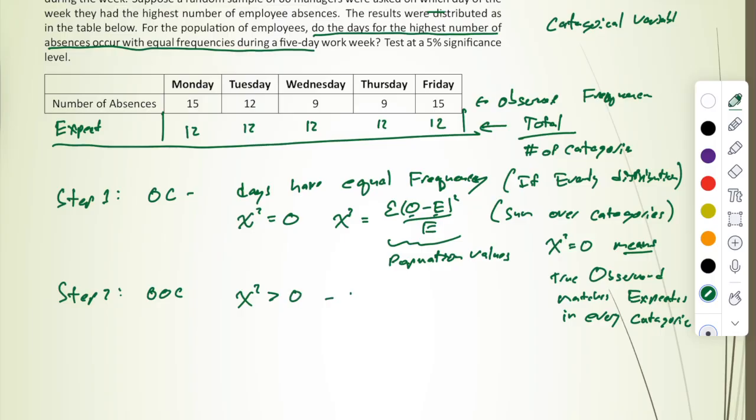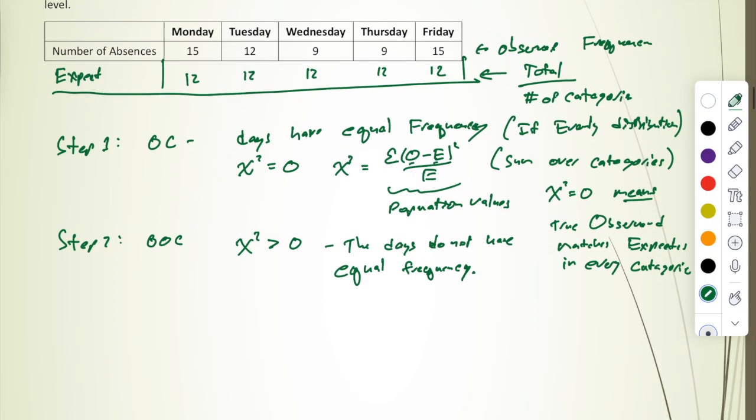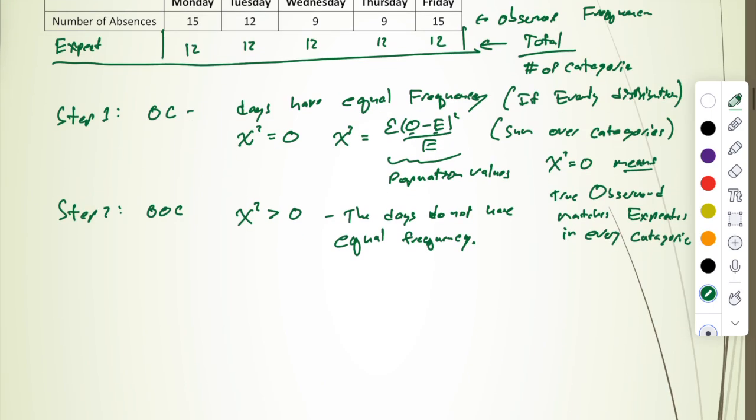It means that the days do not have equal frequency. All right, and that tells us that there's something, other than random sickness driving these absences.